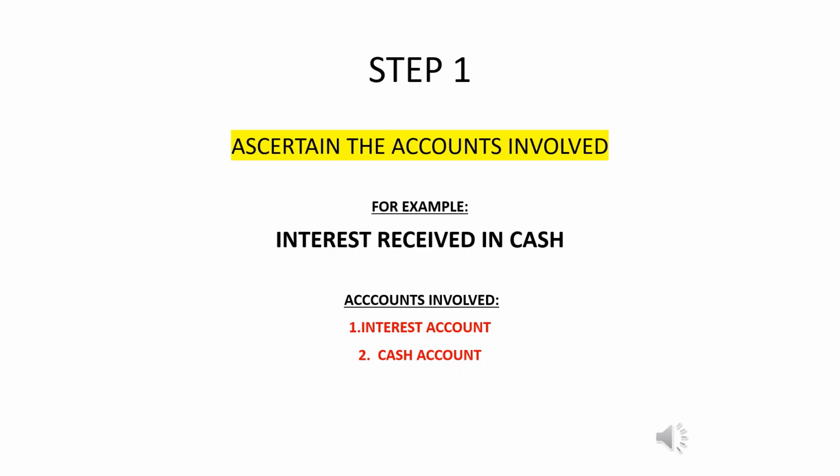So step 1, first of all, we need to find out the accounts involved in the transaction given. For example, the transaction I have taken here is interest received in cash. The accounts involved in this transaction are, number 1, interest account, and secondly, cash account.